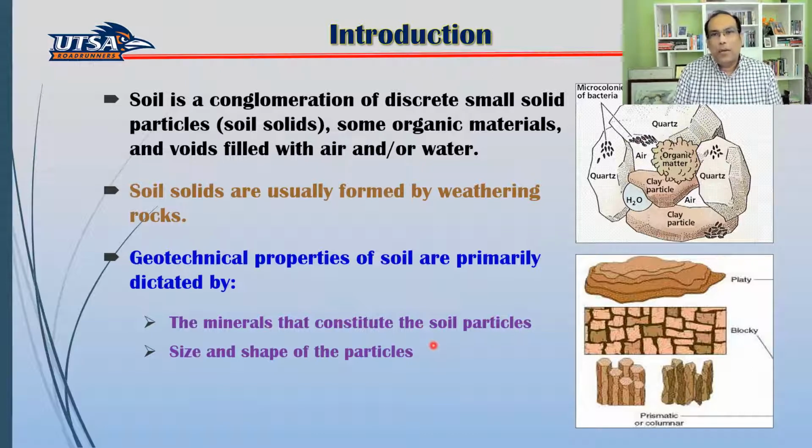We see that the property of the soil depends on which type of mineral constitutes that soil, and the size and shape of the particle. You can see the different sizes and shapes of the particles here. We'll talk about that a lot in the later part of this lecture. And now let's move forward.